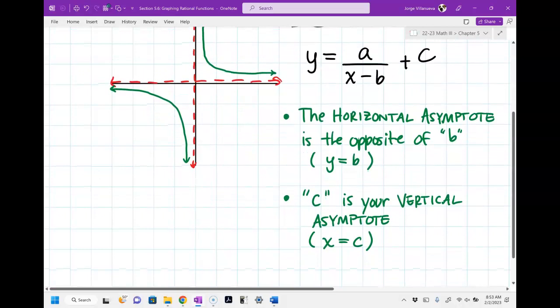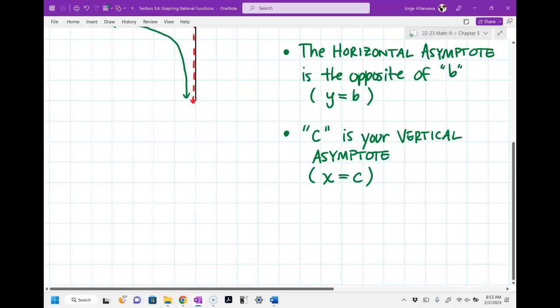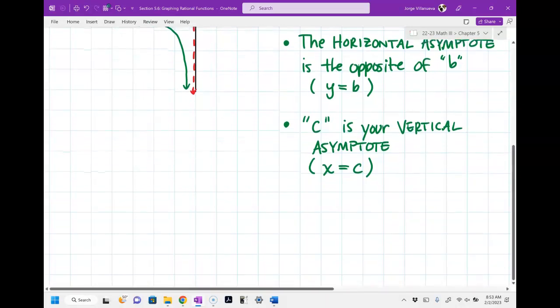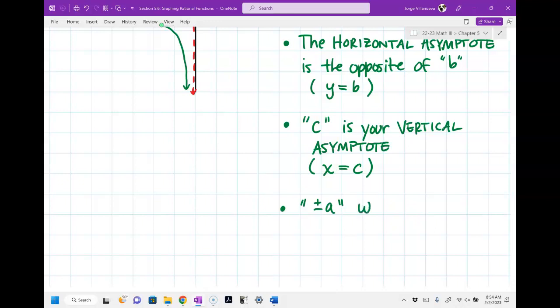Again, the horizontal asymptote is based on the opposite of B. Your vertical asymptote is based on the actual value of C. And then your A term, plus or minus A, will tell you whether to flip the function.